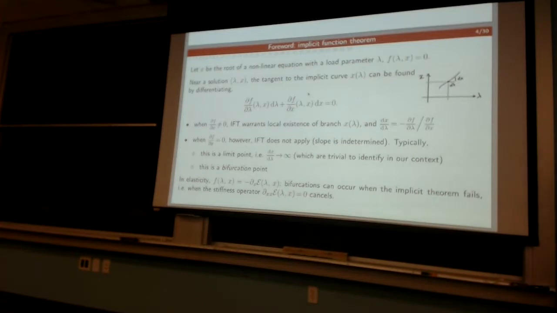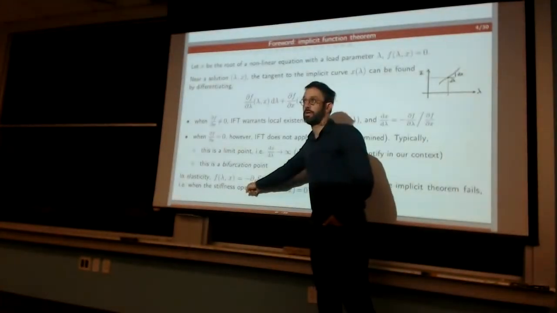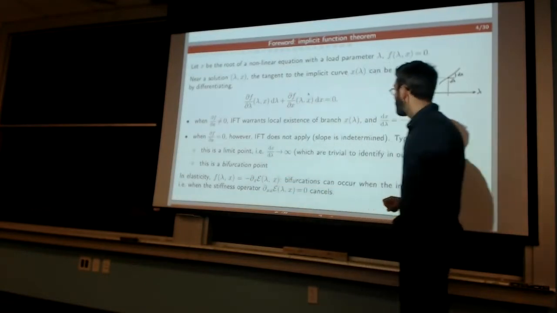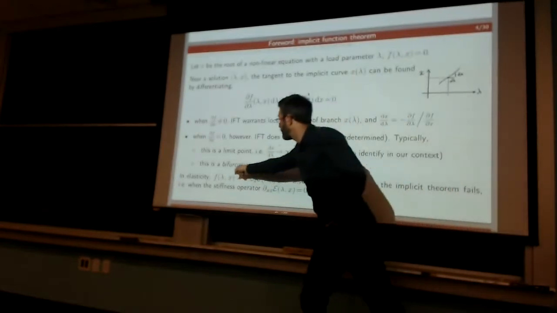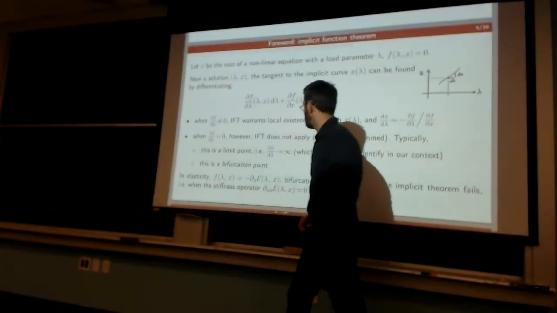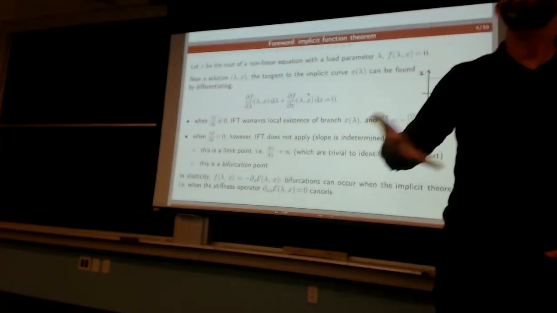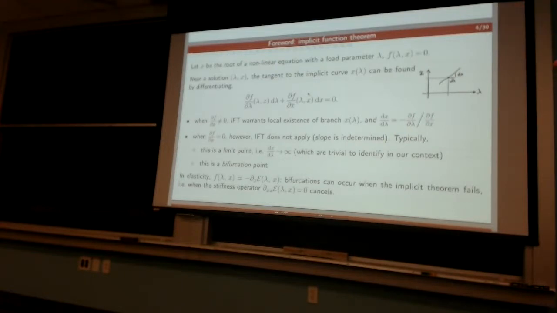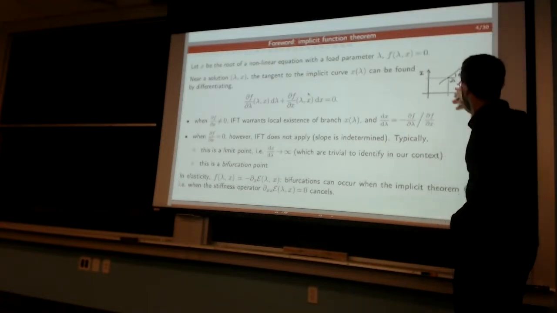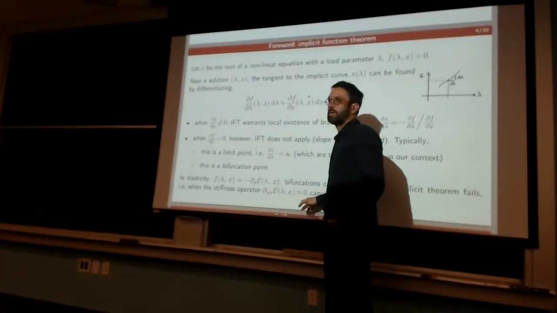And actually, in that case, the function f is the first gradient of the total energy of the system. So in that case, the condition where I can expect a bifurcation will be the gradient of f with respect to x equals 0. So that's the second derivative of the total energy, and that's some kind of stiffness. So I'm expecting to find bifurcation by this argument when the stiffness of the system is cancelled.